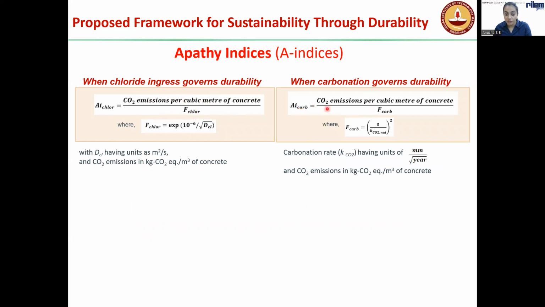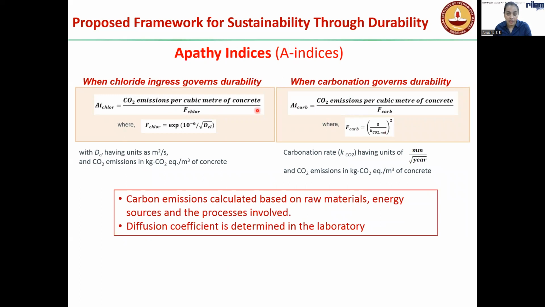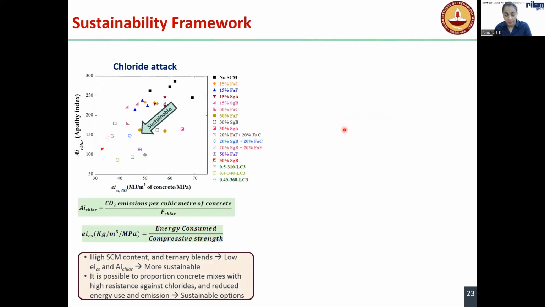AI carb was defined for carbonation, which is a ratio of CO2 emissions divided by F carb, where F carb is a service life parameter which is dependent on the carbonation rate. Here, the CO2 emissions were calculated based on life cycle assessment methodology, which were dependent on the raw materials and processes involved in the concrete production. The DCL and the KCO2 were actually determined in the laboratory.